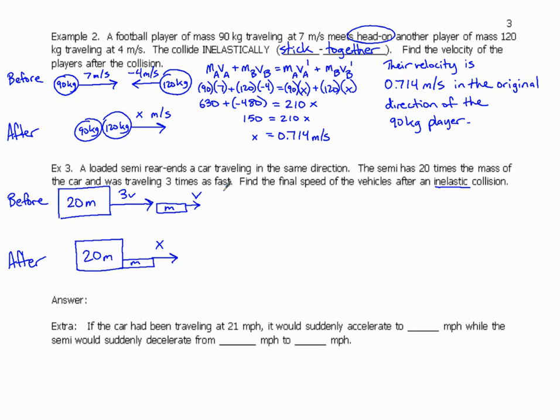So for the before, we have the mass of the semi, 20m, and we have the velocity of the semi, 3v, plus the mass of the car times the velocity of the car.